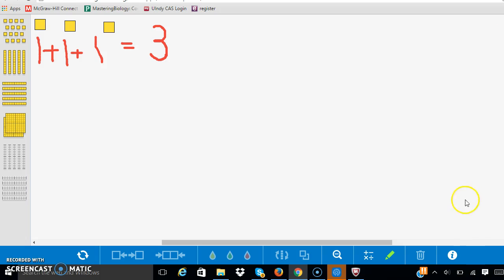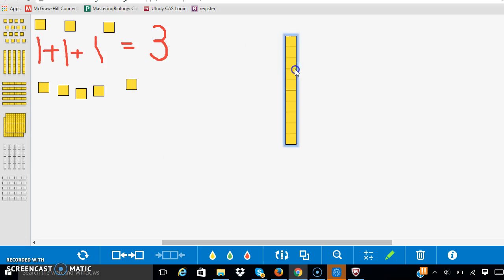If we were going to represent a number a little bigger, like 5, you have to remember that there is no base 10 block for 5, so you would have to go 1, 2, 3, 4, 5. But to represent a number that is bigger than 5, we'd have to use a base 10 block, or a rod.